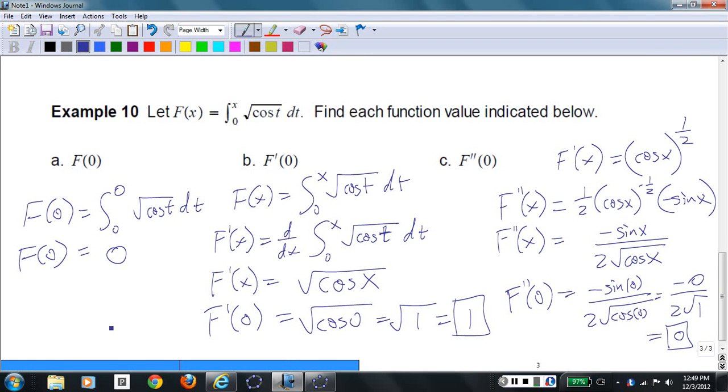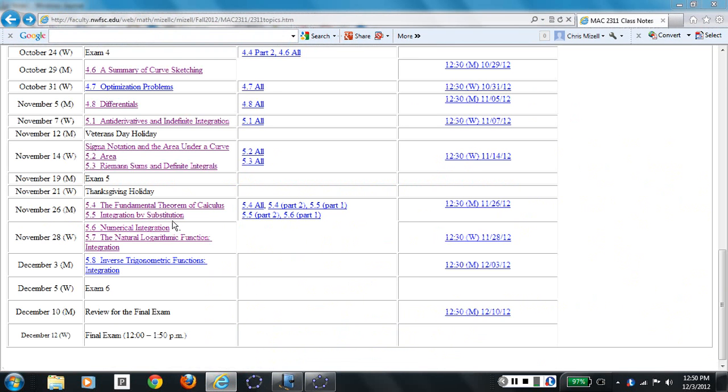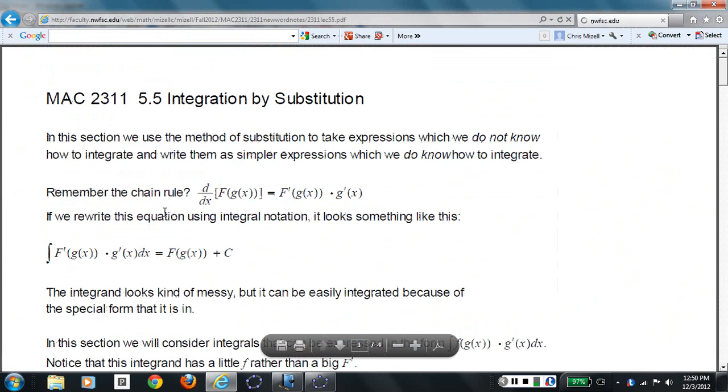Let's look at 5.5. Somewhere in the notes, I asked the question: we just use the chain rule to find the derivative. We remember the chain rule.